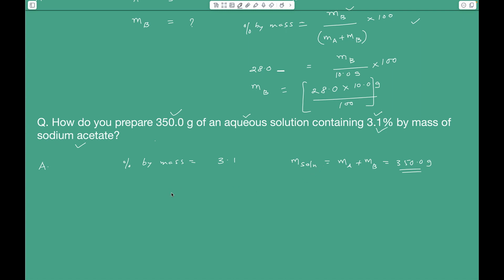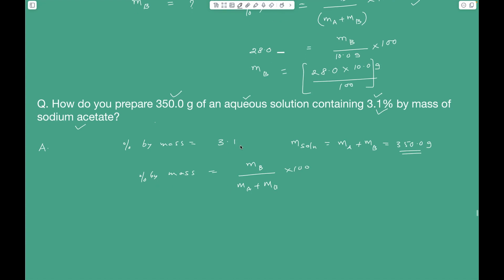Now, can we first figure out the mass of the solute from this data? I think so. Percentage by mass is MB over MA plus MB multiplied with 100. Now, percentage by mass is given as 3.1.